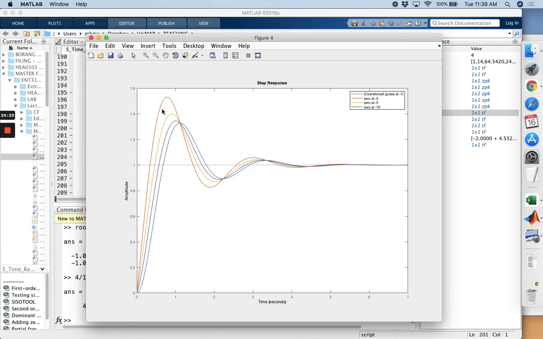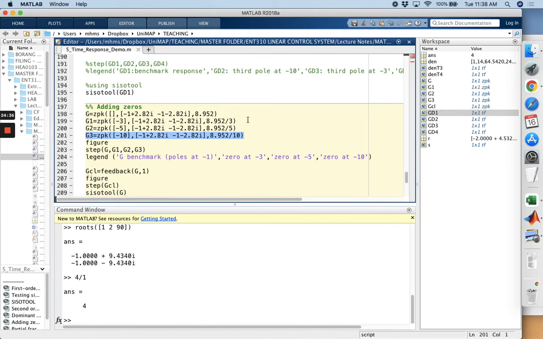So we can say that for the red plot here, we cannot say that these are the dominant poles, because the zero actually affects the transient response, since it is located near the poles, -1 plus minus j2.82.